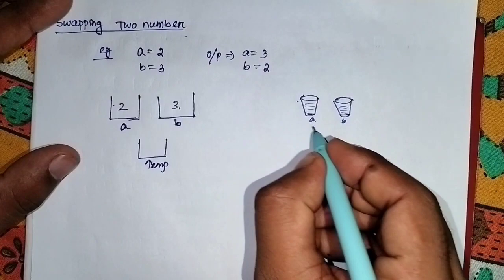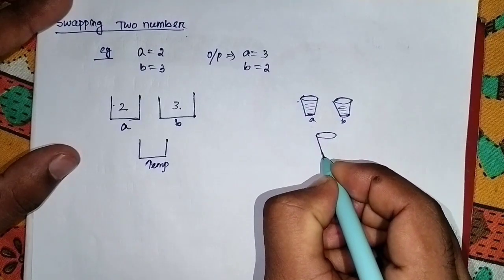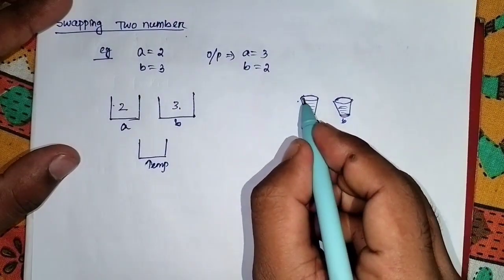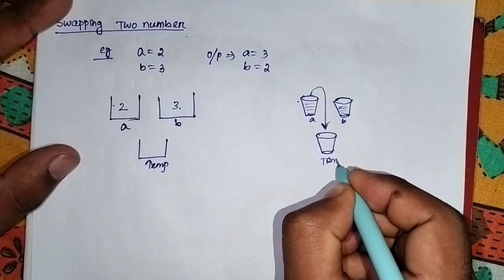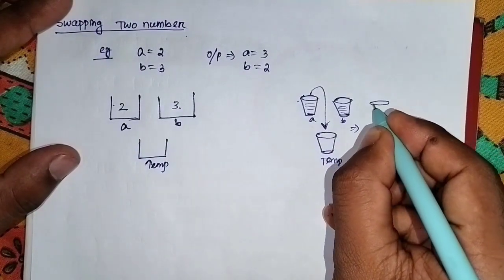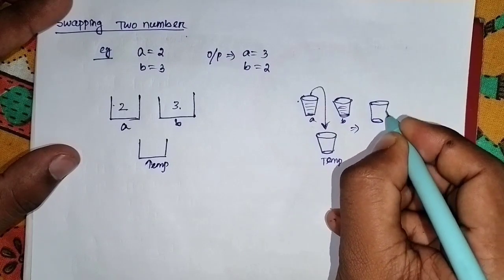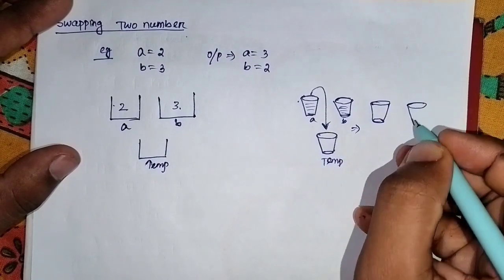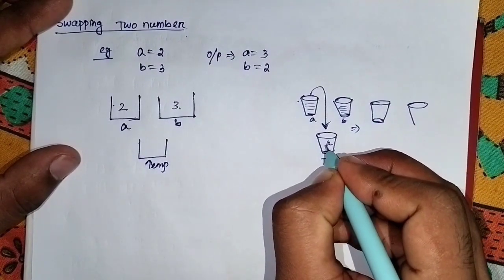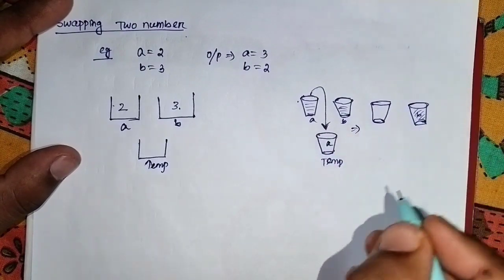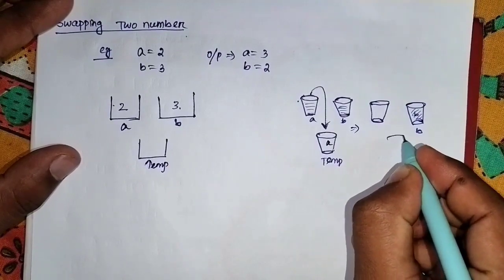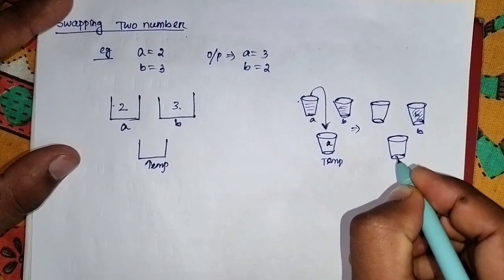So let's bring another bucket, and give it the name temp. First we put the value of bucket A into the bucket temp, then bucket A will be empty and bucket temp has the value of A.